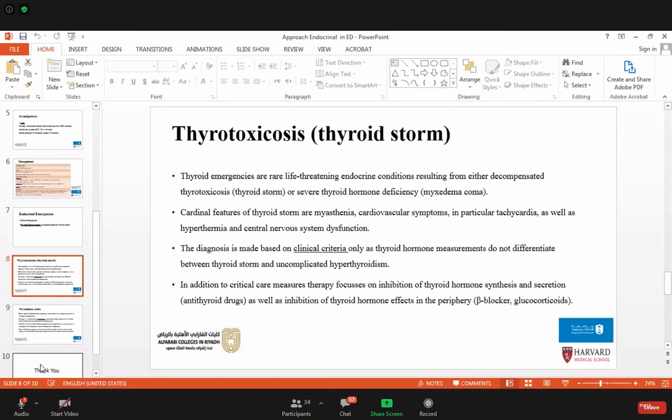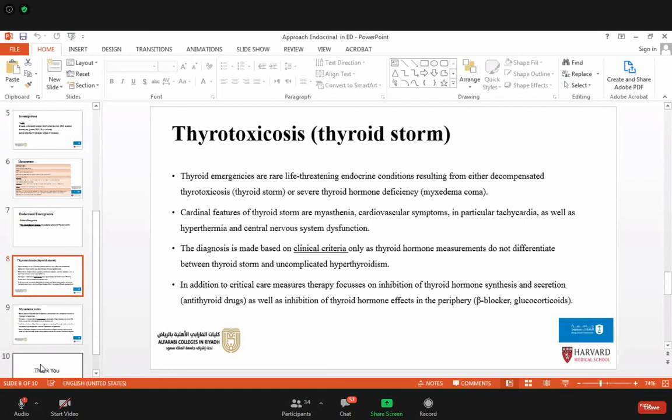Even if I have normal temperature, but I have altered mental status, I still call it thyrotoxicosis. Okay? So it's a clinical decision to call it thyrotoxicosis.